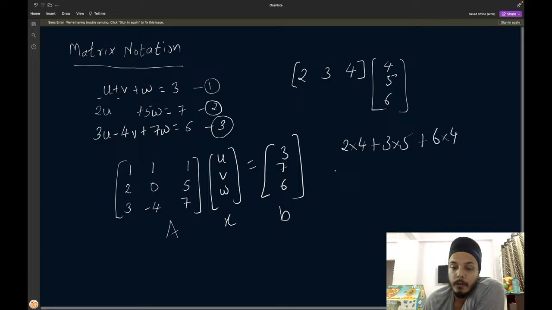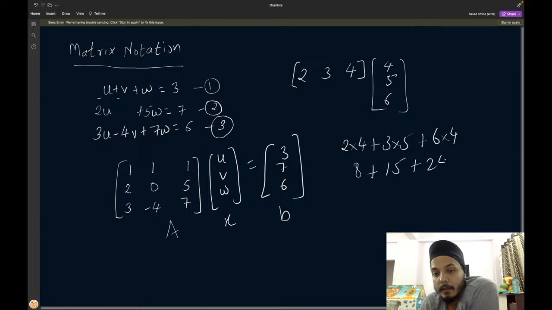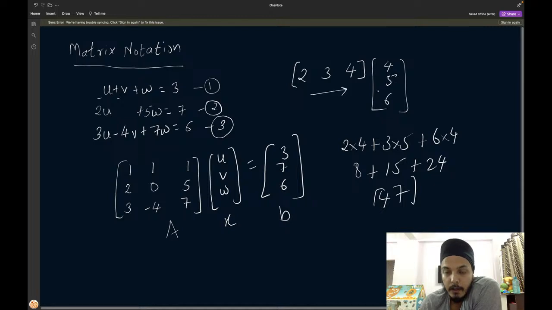Now you can simply add this. So this will be 8 plus 15 plus 24. So 23 plus 24, so it will be 47. So multiplication of these two, here first the row and then the column, will give us the dot product of these two vectors.